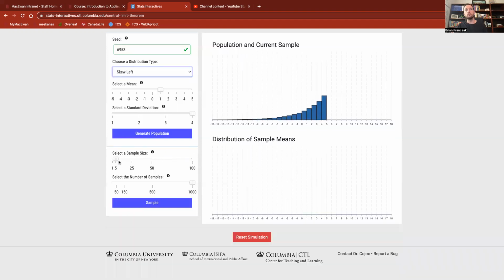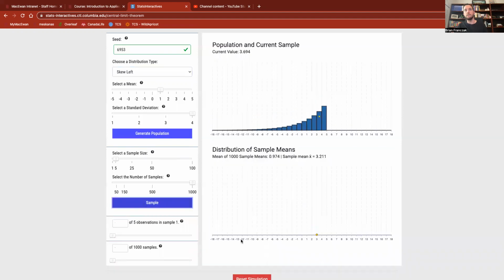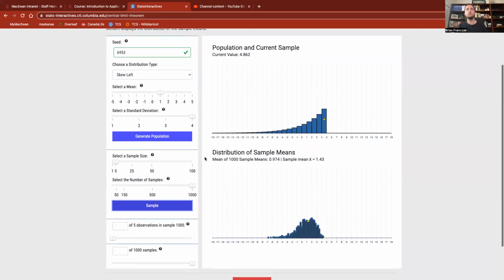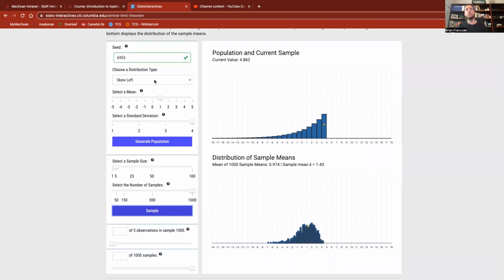But when our sample size was less than 30, so say 5, and we repeat this 1,000 times, we end up with something that still looks left skewed because, again, the central limit theorem says we need at least 30 observations in order for this distribution to be approximately normal. So I encourage you to play around with this.